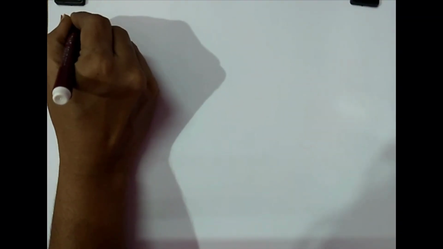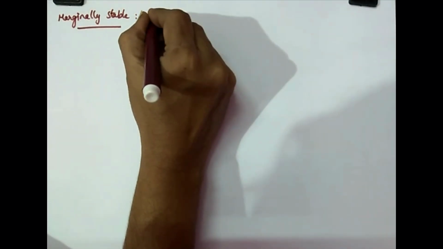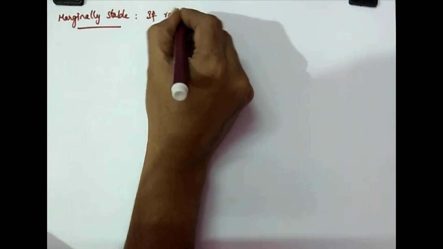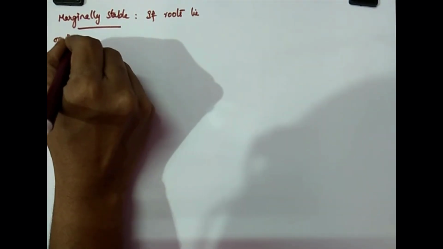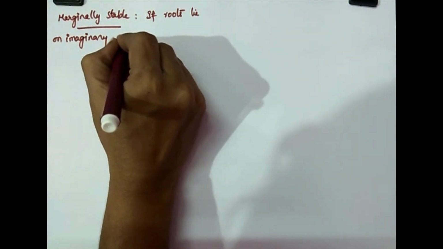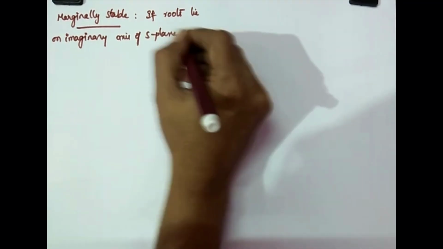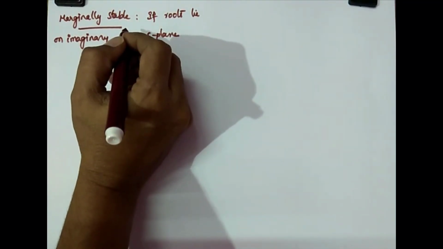What is a marginally stable system? If roots lie on the imaginary axis of the S-plane, then the system is said to be marginally stable.